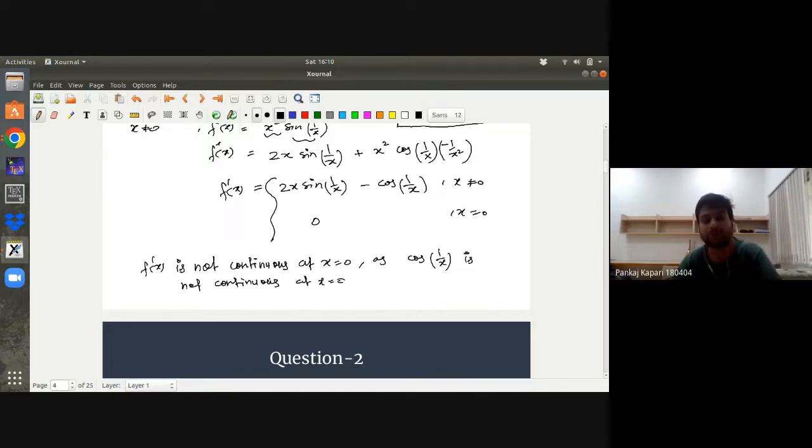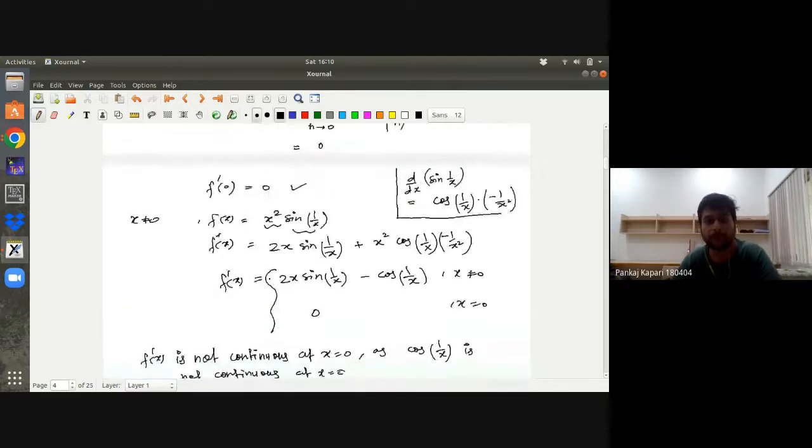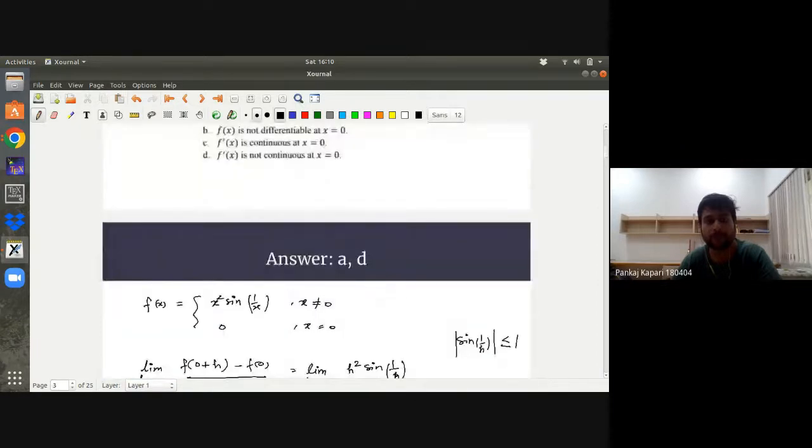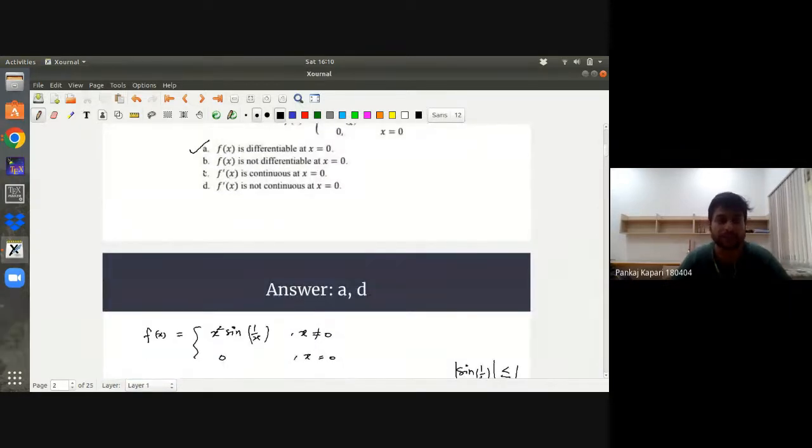Okay. Therefore, option A and D are correct. The derivative of the function is not continuous at x equal to 0, but the function is differentiable at x equal to 0. Okay.